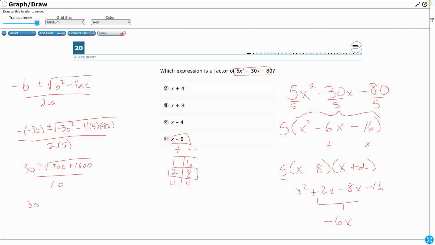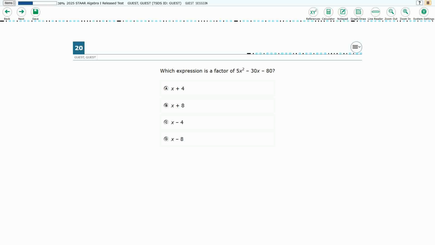So I've got 30 plus or minus the square root of 2500 over 10. So that's going to be 30 plus or minus 50 over 10. So I've got two options here. 30 minus 50, so that's negative 20 over 10. 30 plus 50, 80 over 10, which gets me negative 2 and 8, which leads me right back up here, because 8 minus 8 equals 0. The answer is D.